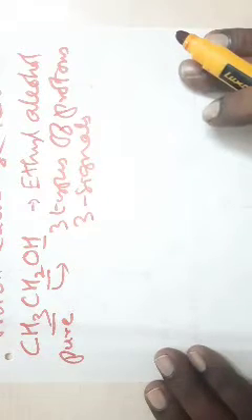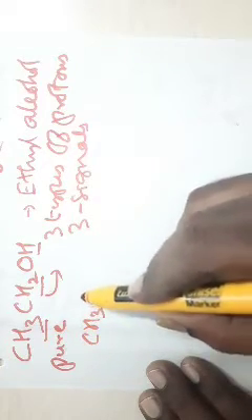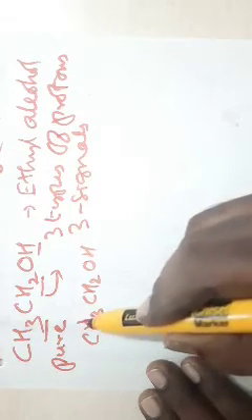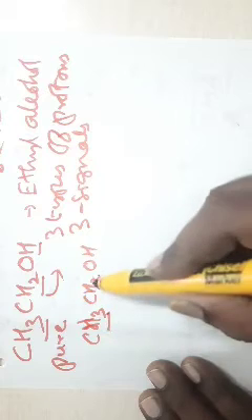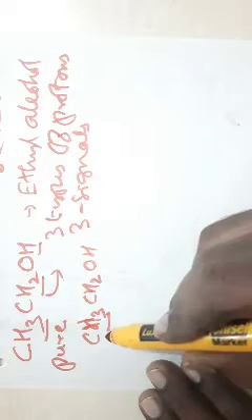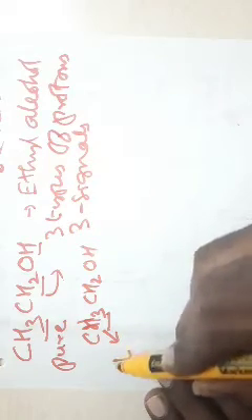If we get 3 signals, what will be the spin-spin splitting? See, CH3, CH2OH. The methyl protons, 3 protons, have 2 neighbors. So automatically this will appear as a triplet because it has 2 neighbors.